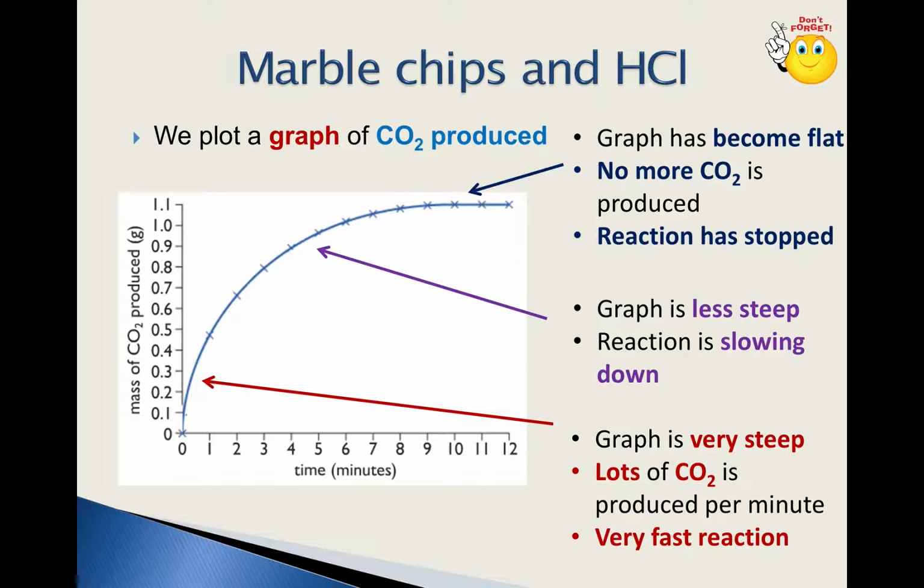It's indicated by a less steep line, and this is because there are fewer successful collisions occurring between the acid particles and the marble chip. And then at the end, all the acid particles are used up, and therefore the rate of reaction falls to zero. No more product can be produced.